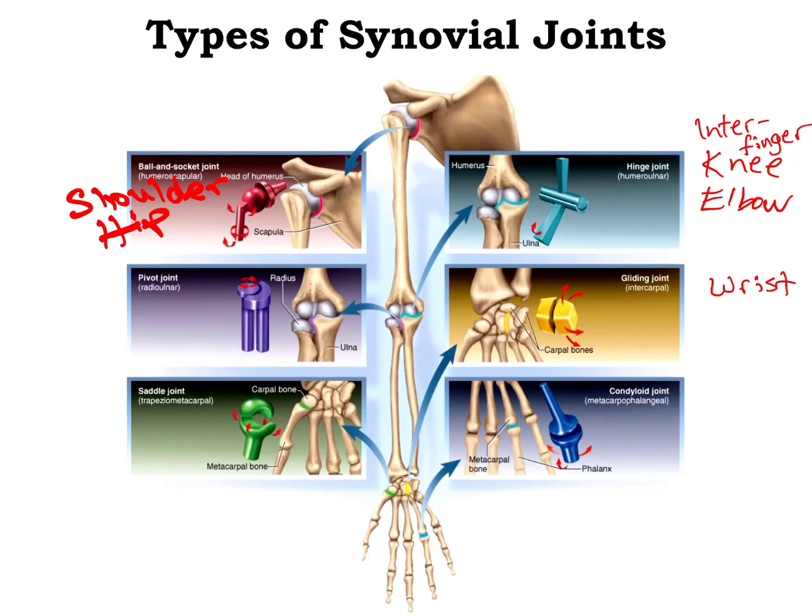Another wrist sort of thing, the saddle, is just your thumb and carpals, a specific carpal, the trapezium, and the metacarpal. So that's one that's specifically going to interact with your metacarpal. Between the other metacarpals and the phalanges, that's the condyloid. So these are kind of like your knuckles.